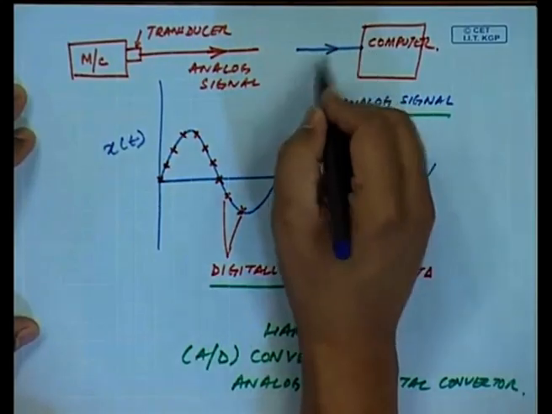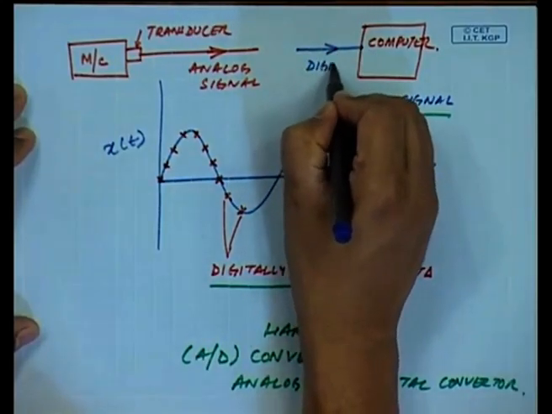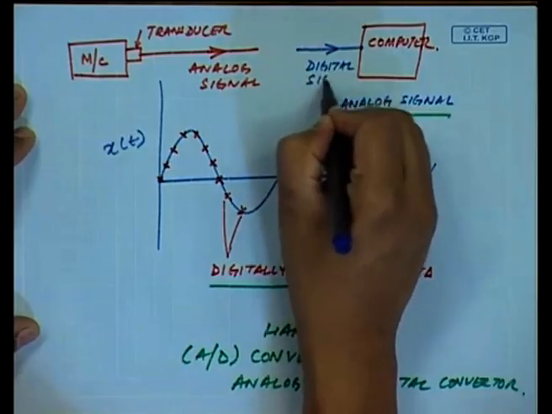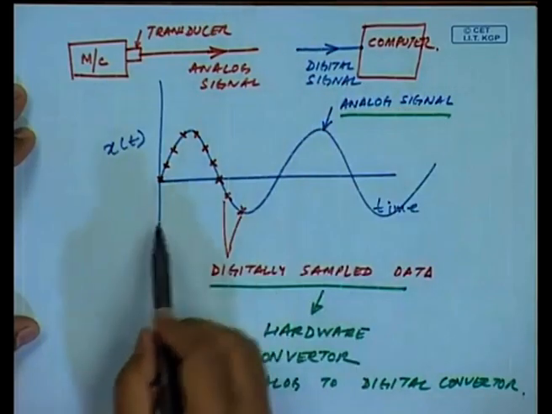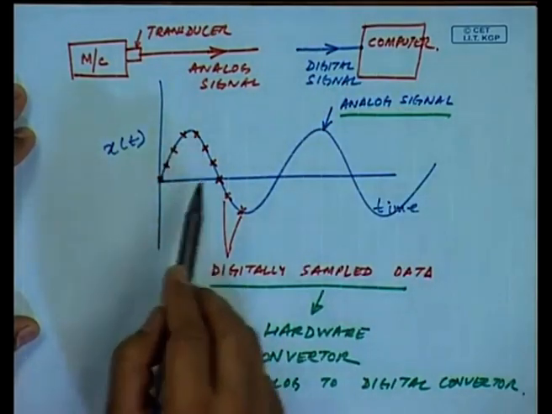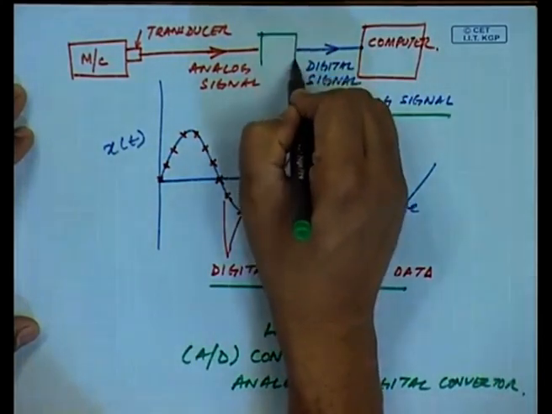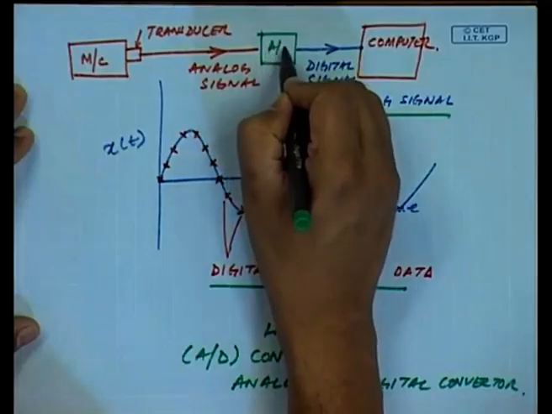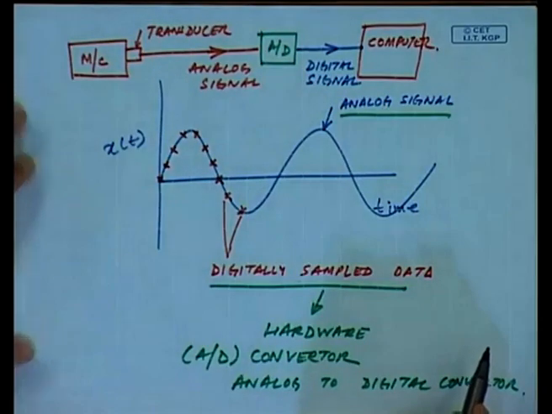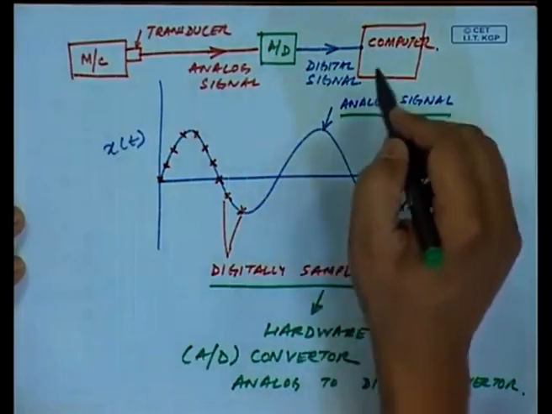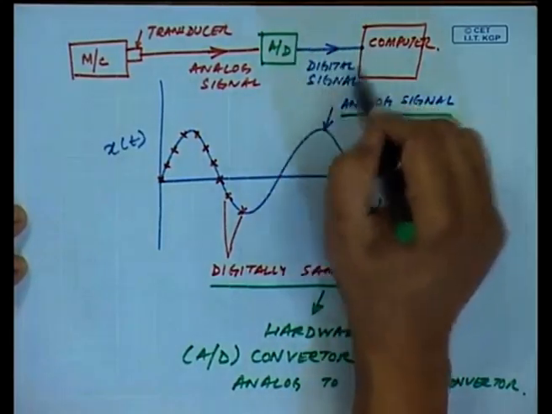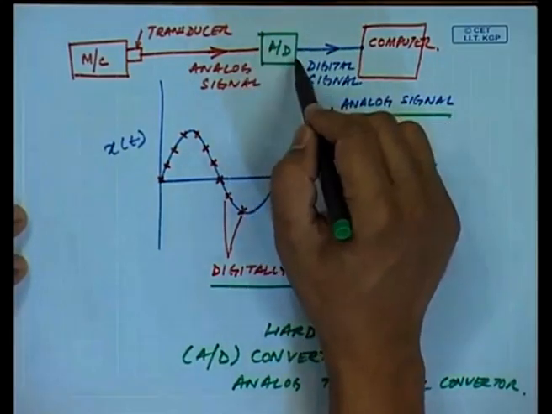So, it has to be given a digital signal. By digital signal, I mean such digitally sampled data. So, this is where my A to D converter comes in.